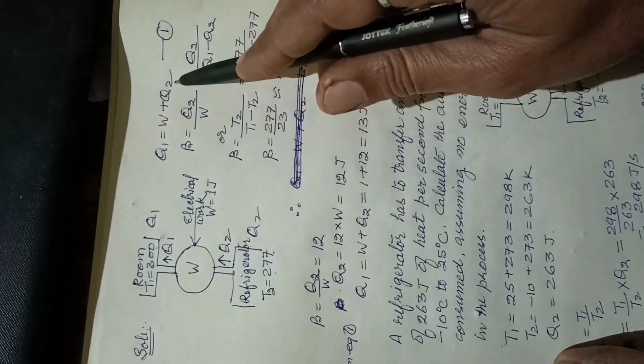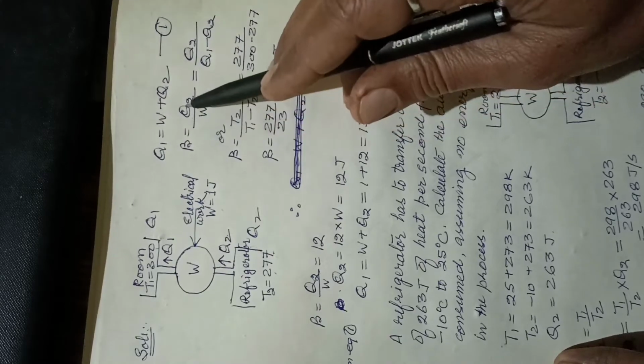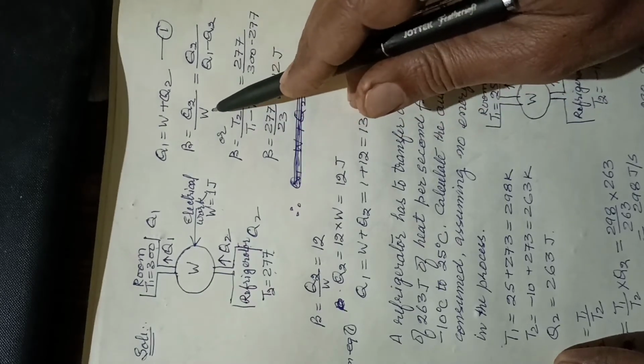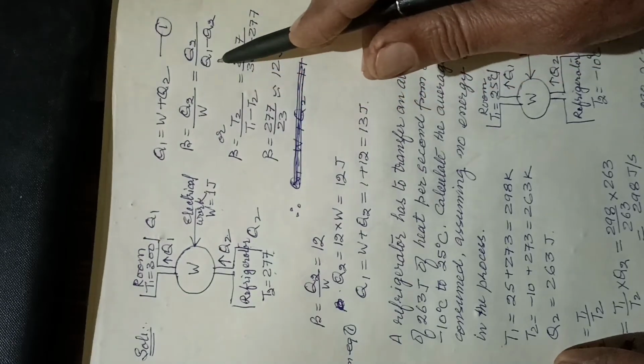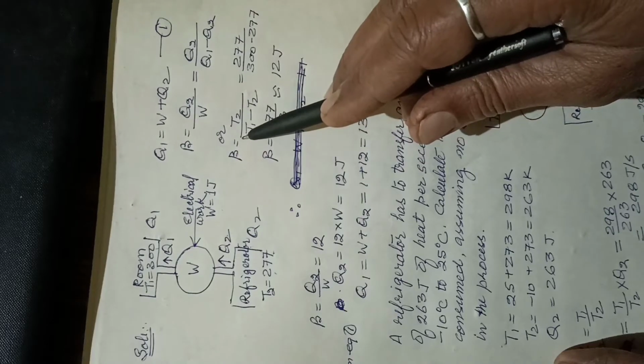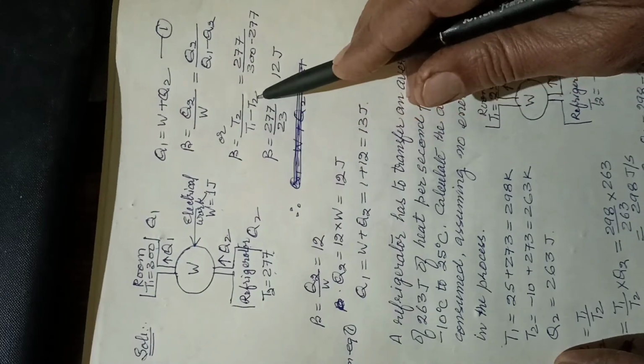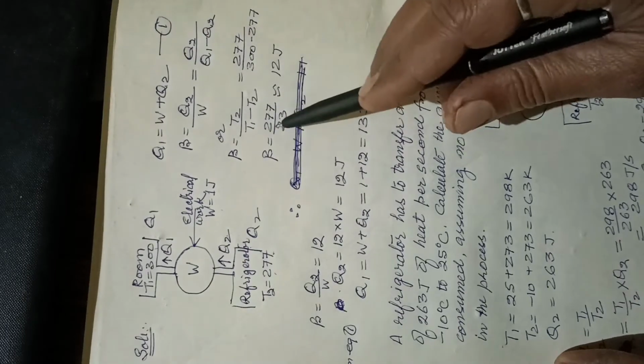And we know beta, the coefficient of performance, is Q2 upon W. Q2 is as it is, W can be written from this equation. So finally we can convert this to T2 upon T1 minus T2. We put in all the values and simplify.